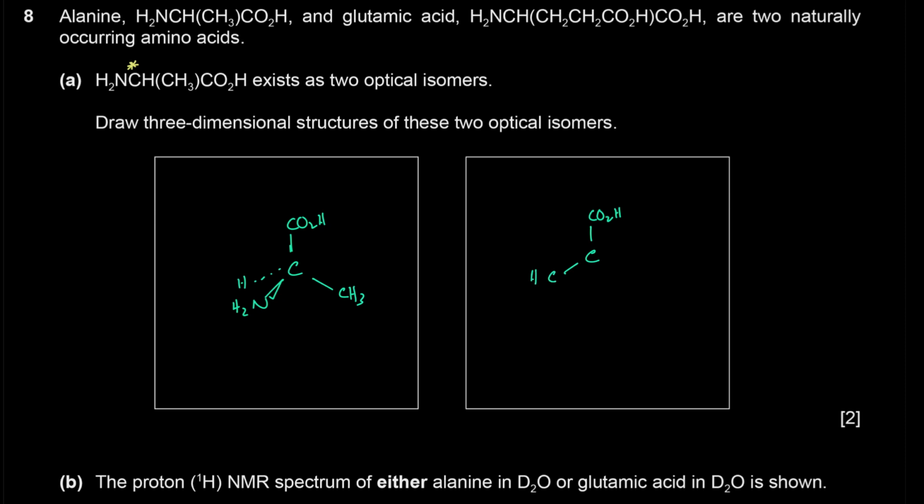So we have a CH3 here, then an NH2, and then a hydrogen atom. If you want, we can label that chiral center for good measure. So these are your two optical isomers, and I'll also draw the mirror plane. This is your mirror plane.